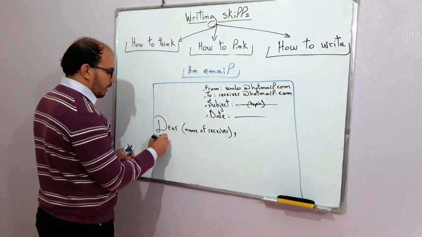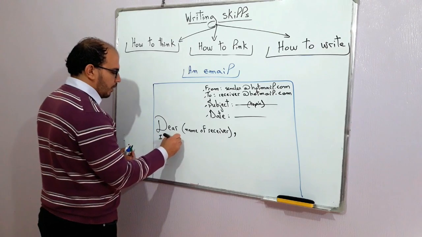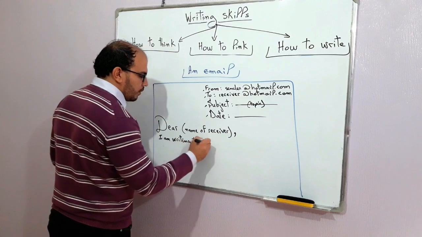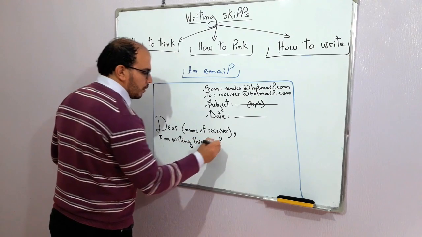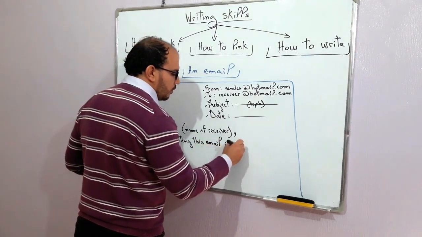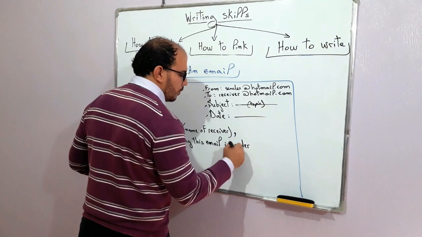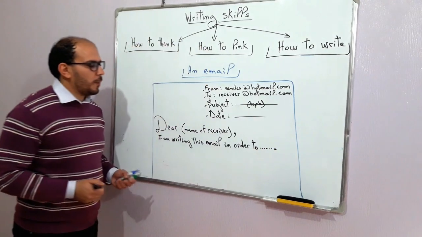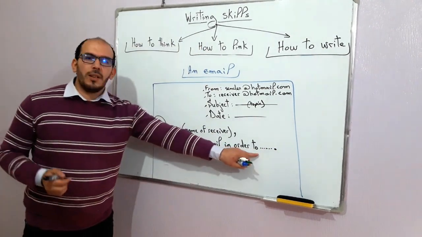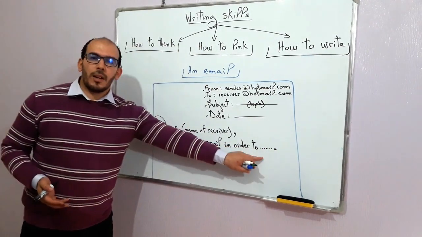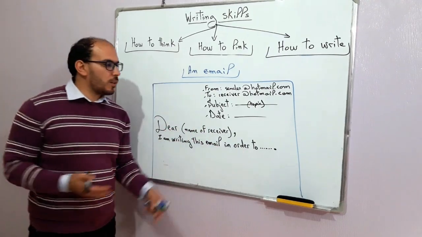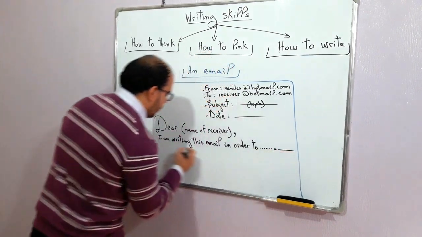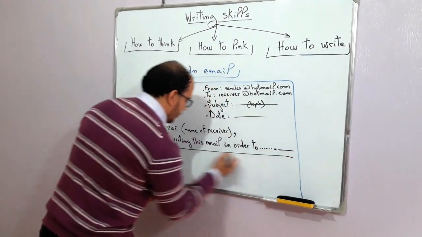So I say I am writing this email in order to, and I should give the topic. So in order to invite you, in order to ask for your help, in order to complain about whatever. And what comes next is giving the details.